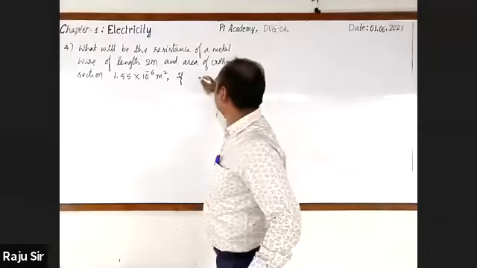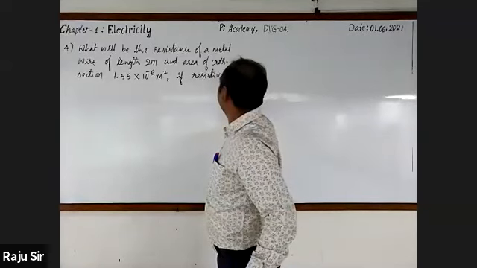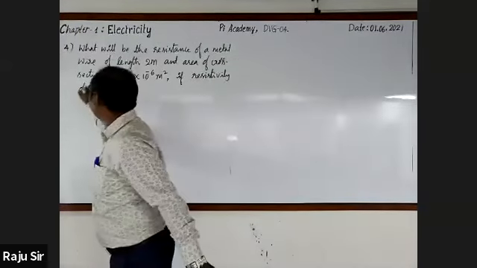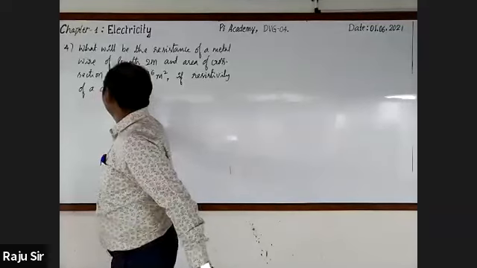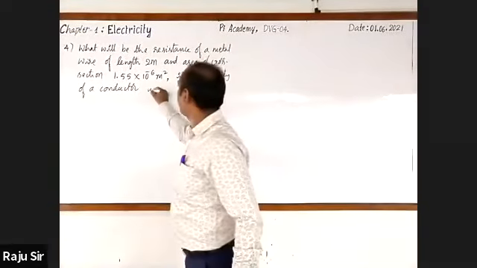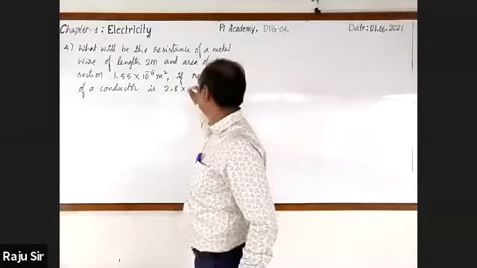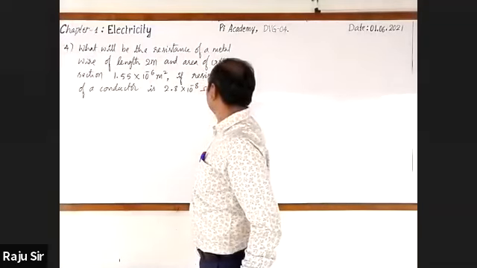Resistivity of a conductor is 2.8 into 10 raised to the power minus 8 ohm meter.